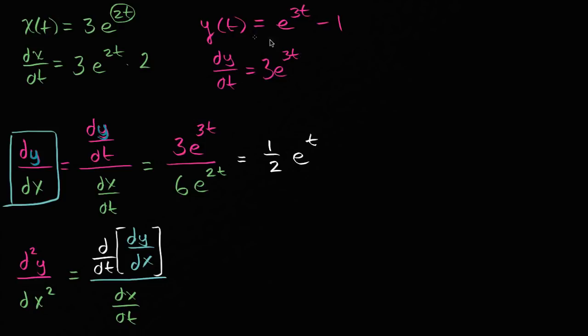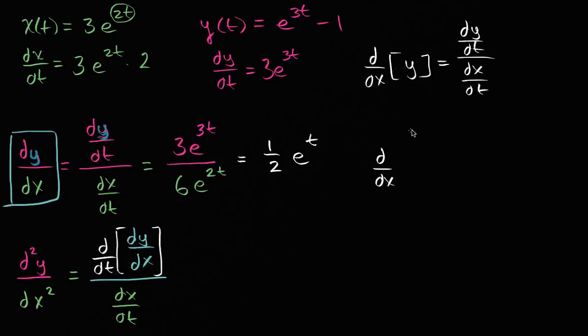When we wanted to find the derivative with respect to x of y, that was equal to the derivative of y with respect to t over the derivative of x with respect to t. Now we want to find the derivative with respect to x of the first derivative with respect to x. And so everywhere you saw a y here, replace that with the first derivative.